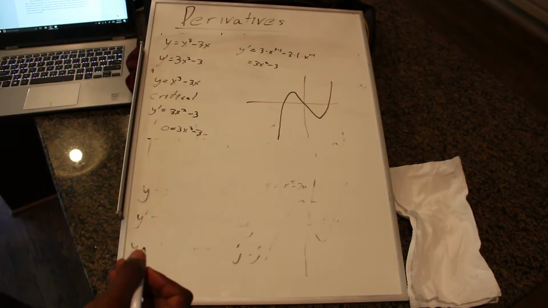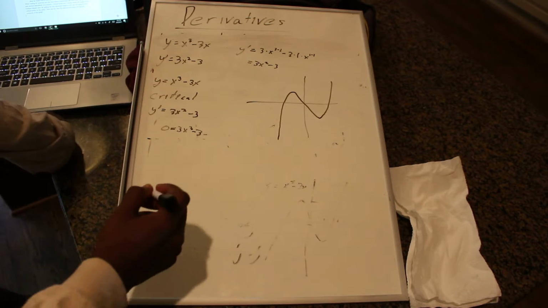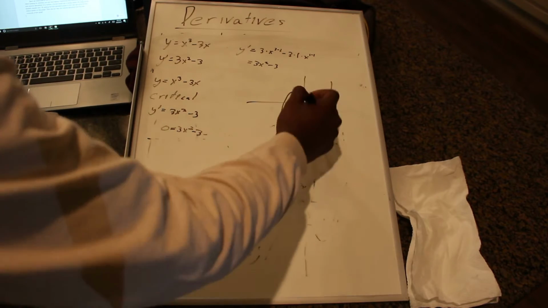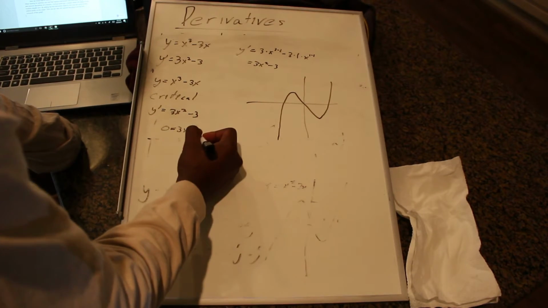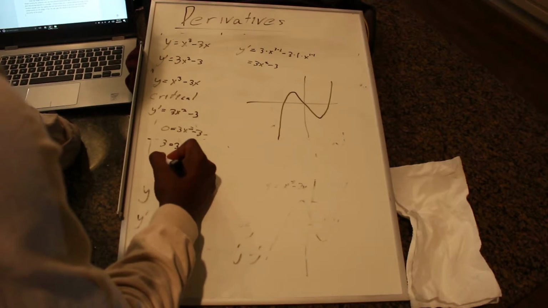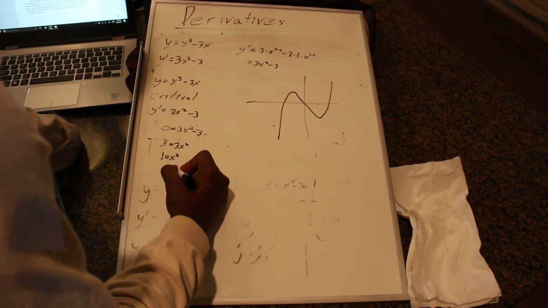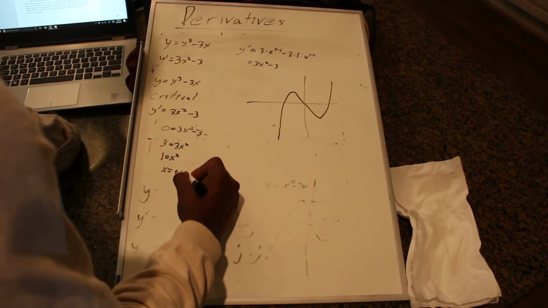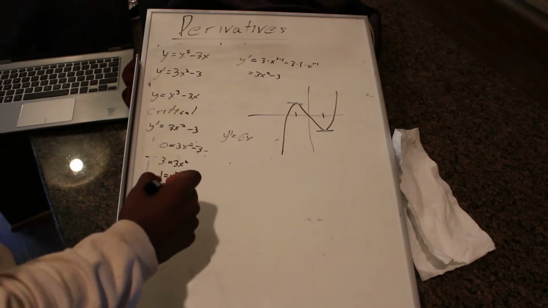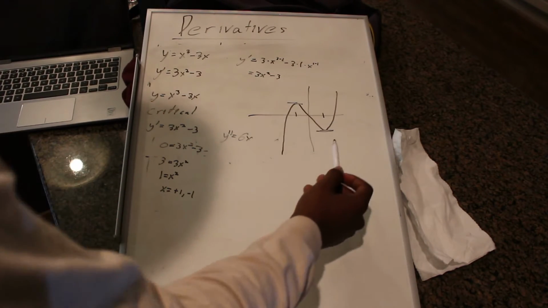Once we do this, we can find all the points where the slope is equal to 0 and use those to find the maximum and minimum. So x equals 1 and x equals negative 1 are critical points where the slope is 0.